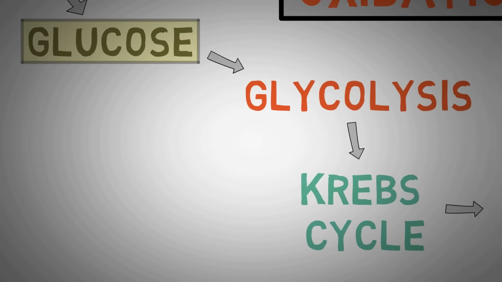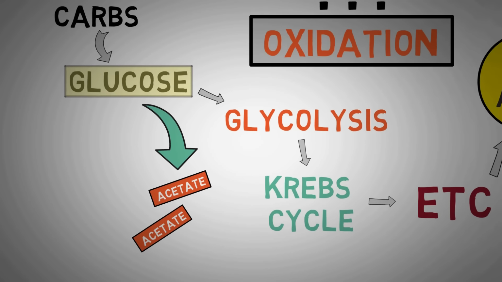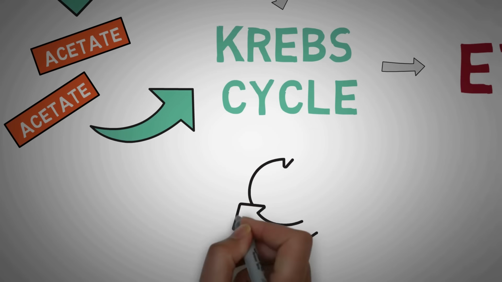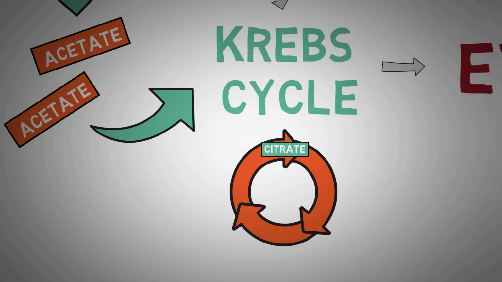Now see, what happens is that through glycolysis and an additional reaction, we break down glucose into small 2-carbon fragments which are known as acetate. This acetate is then fed into the Krebs cycle. If you look at the Krebs cycle, it consists of these 10 intermediate molecules that start and end with citrate.